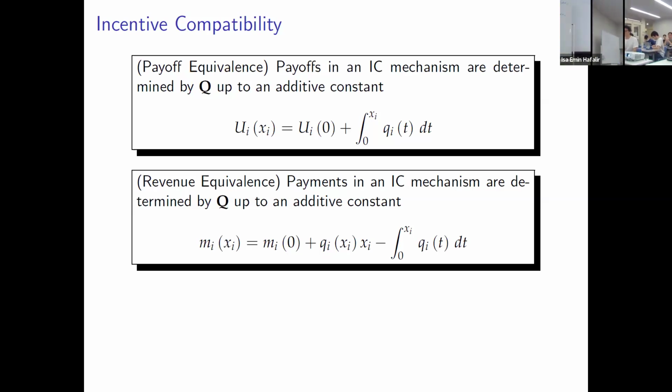This is the revenue equivalence: from the utility function, you can get to the interim expected payments, and the interim expected payment is given by this formula. Okay, so that's it. With this interim expected payment, I am now going to give you the last part, basically the optimal mechanism, and I will end there.